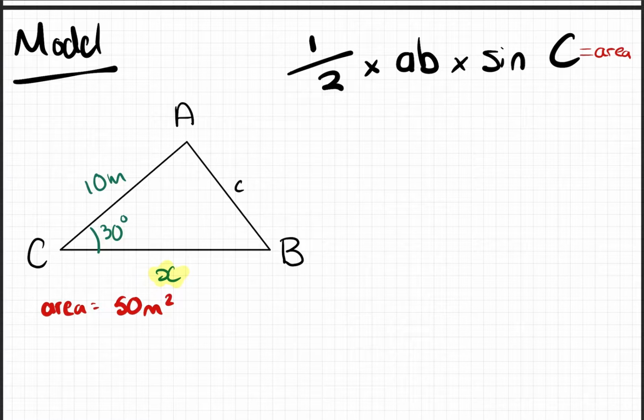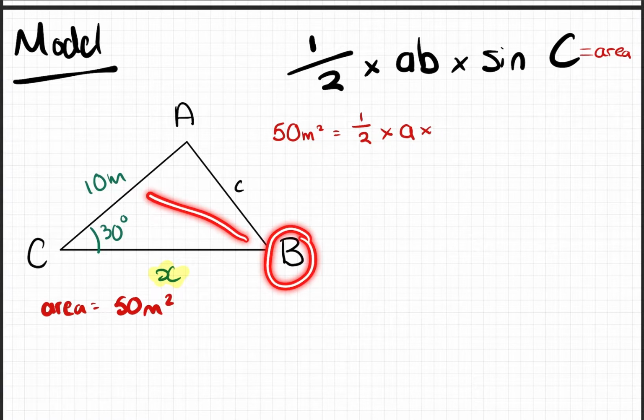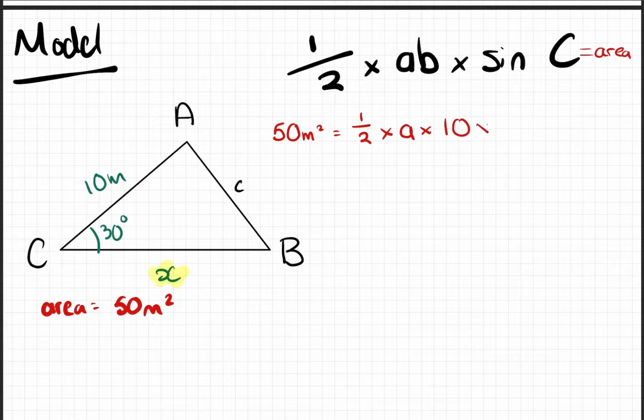So I'm going to write 50 meters squared equals a half times A, we don't know what A is, because A is our X length here, times B, we know what B is, because B is 10, times 10, times sine of C, which is 30 degrees. If you're wondering where I've got that from, C is here, angle C.